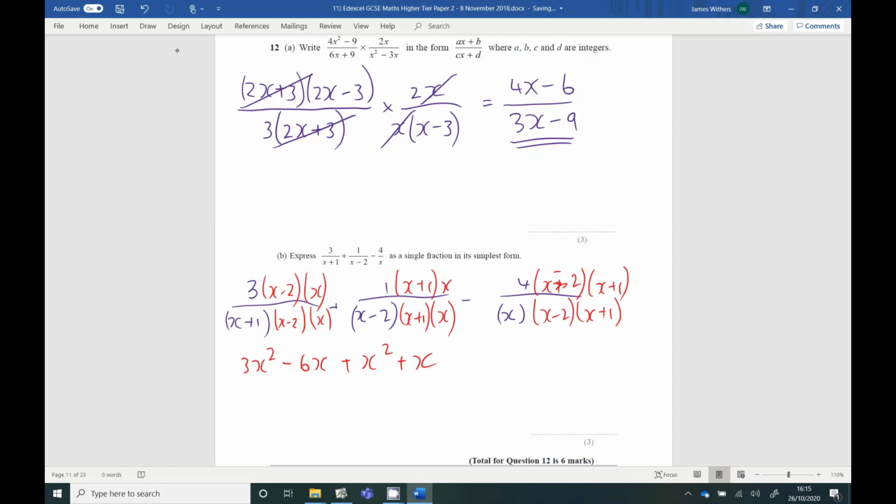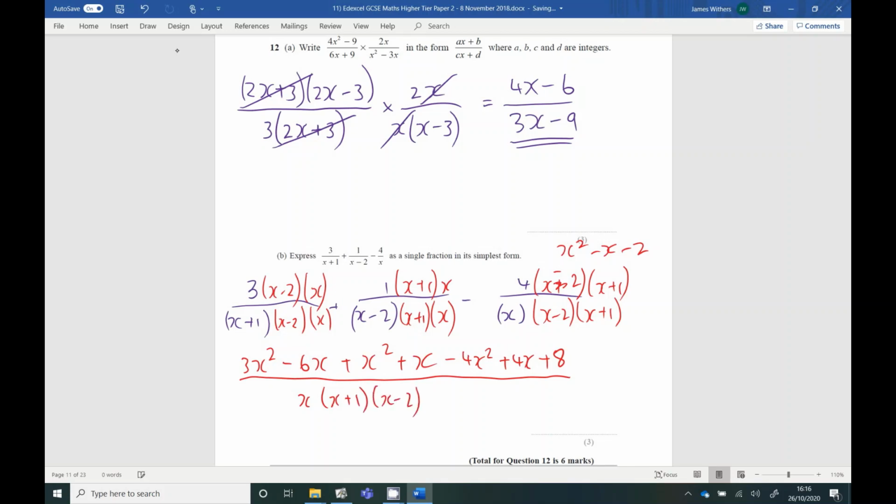So x minus 2 multiplied by x plus 1, just the red bit, gives me x squared plus x minus 2x, which is minus x, and then minus 2 on the end, and then multiplying all of those components by minus 4, I get minus 4x squared, add 4x, and add 8, and all of that is over my common denominator of x plus 1, x minus 2.